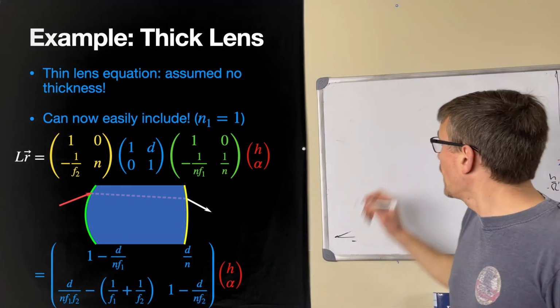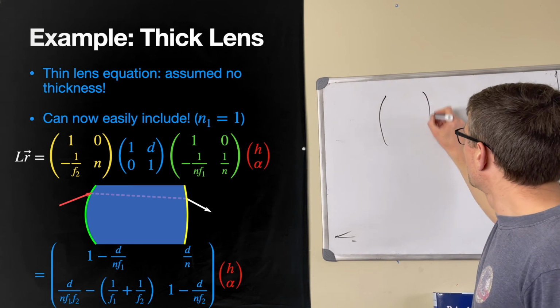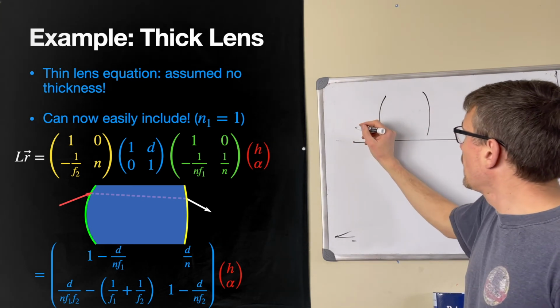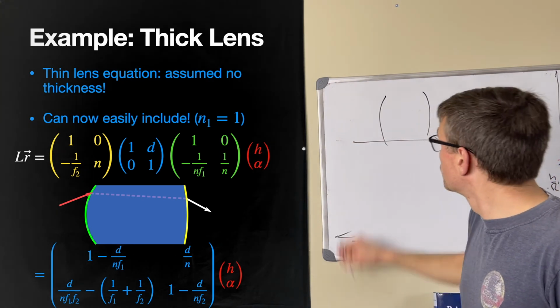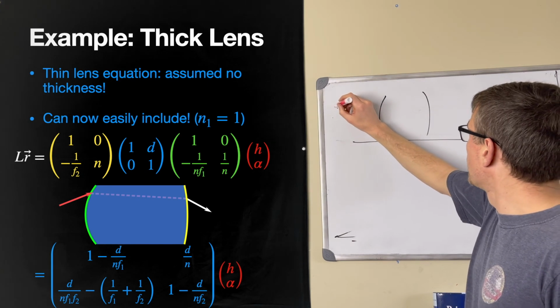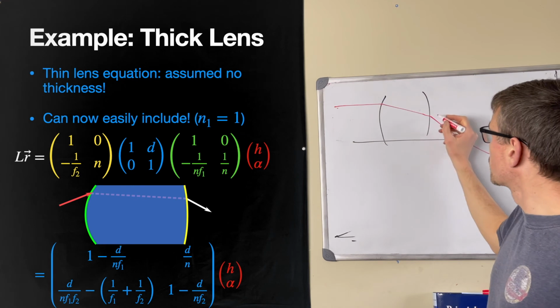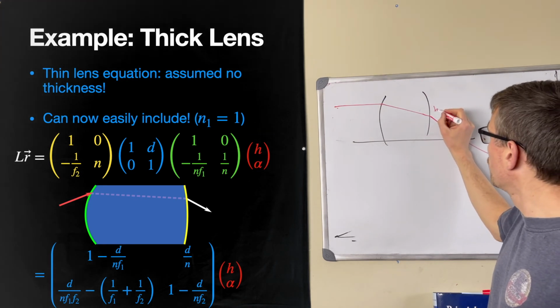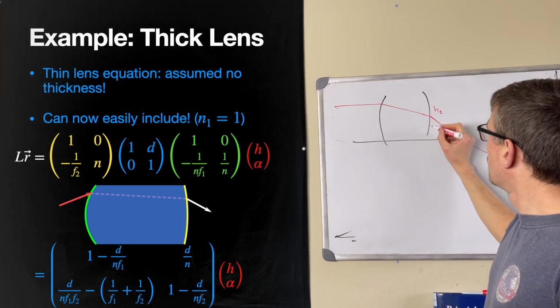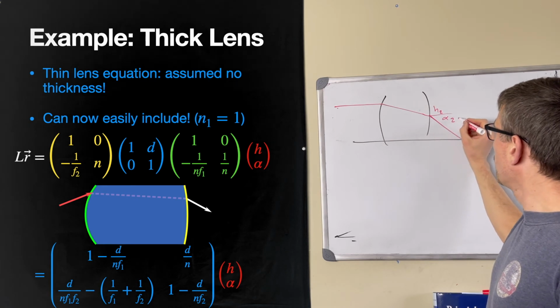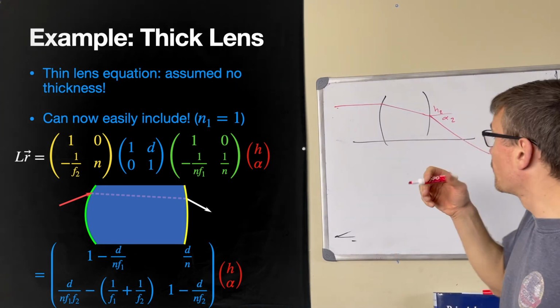So what can we do with that? Well, let's send in a collimated beam. And it's going to do some bending. Okay, so it's going to come out at a new height, h2, and an angle, alpha 2, and it's just going to be given by these numbers here.